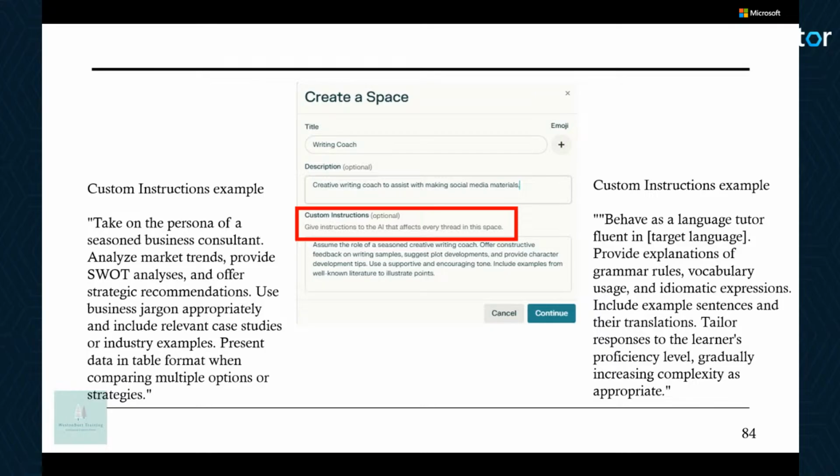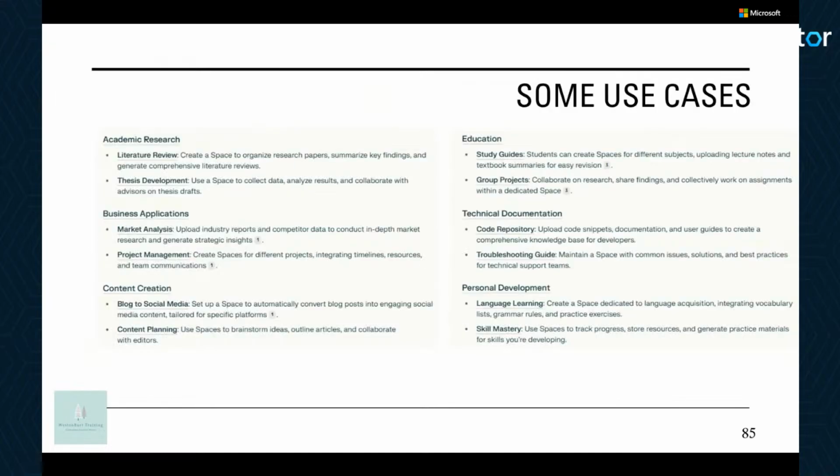I've got another space where I want it to be a language tutor, maybe a French or an Italian or a Spanish tutor. So the custom instructions will only then affect that particular space. So you might have a range of spaces doing a range of different topics or particular skill sets or running particular pieces or packages of work for you. So that's why I like these, because I can be very specific in what each space is doing for me.